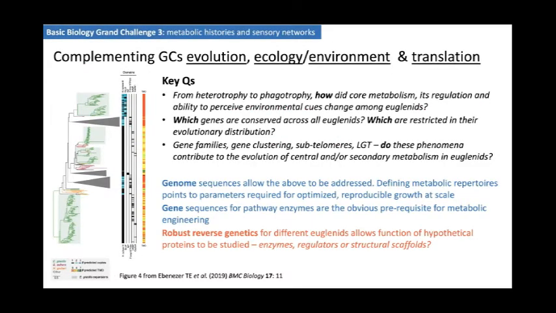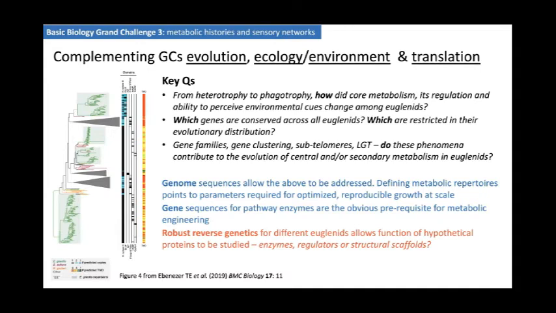Then we're moving to a challenge that very much speaks to the challenges around evolution, ecology, the environment, and translational biology, and it's the reconstruction of inventories and thus histories for metabolism and sensory perception by euglenids.